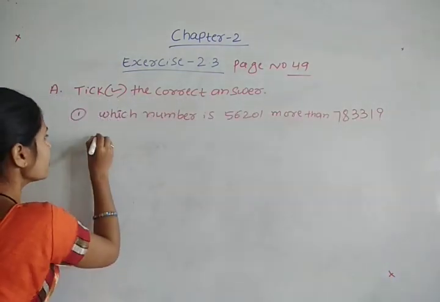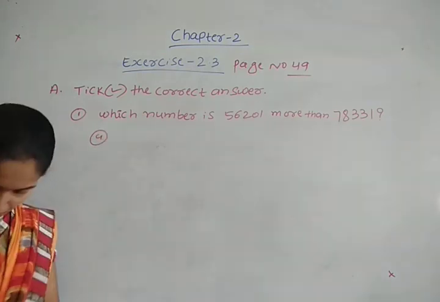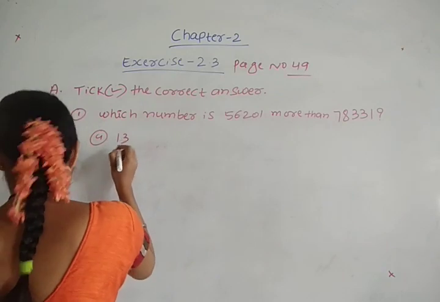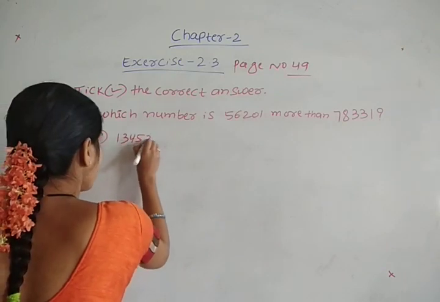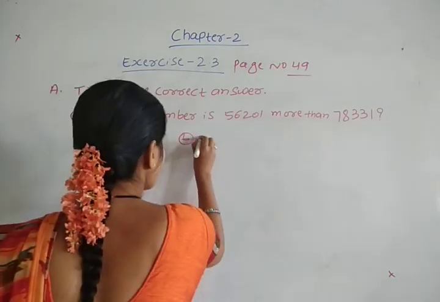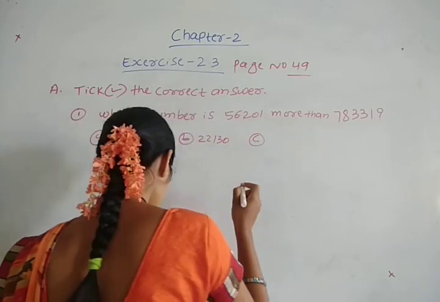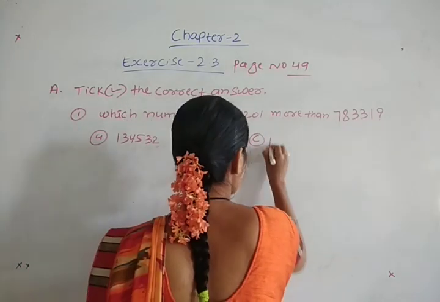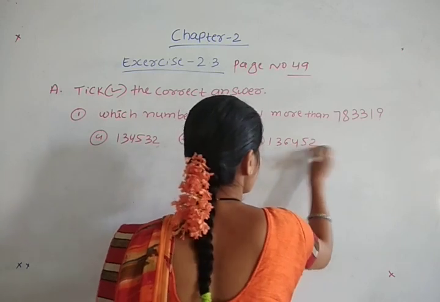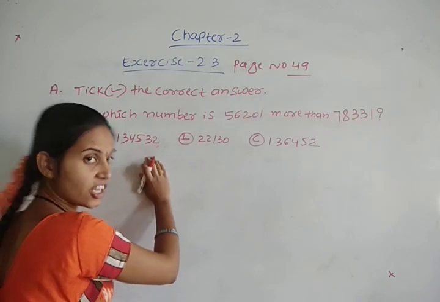They have given the options as the first one, the second option is 22,130, and the third option is 1,36,452. Okay, so we should tick the correct answer.